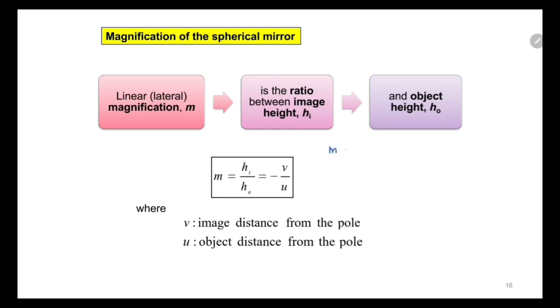If you get magnification greater than 1, therefore the image is magnified. However, if you get M equal to 1, it means the image is the same size as the object. And if you get M less than 1, therefore the image is diminished.